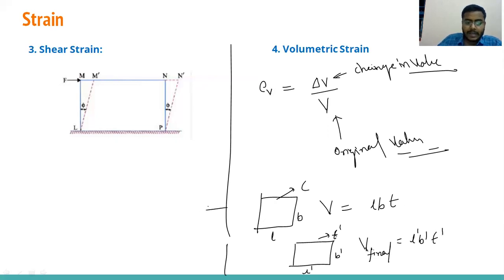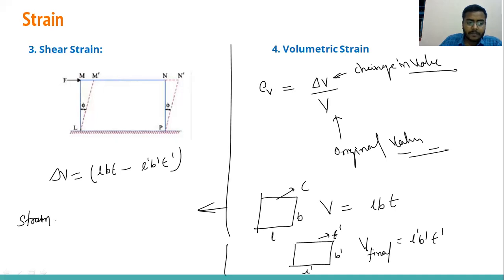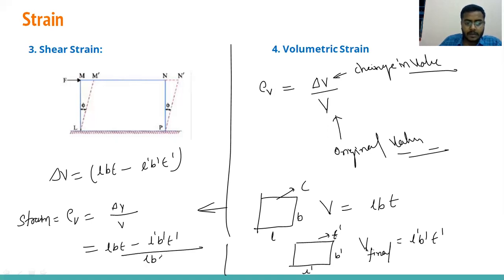We can calculate the change in volume, that is initial minus final: L, B, T minus L dash, B dash, T dash. So the volumetric strain will be delta V divided by V, or L, B, T minus L dash, B dash, T dash, divided by L, B, T. By knowing these dimensions, we can calculate the volumetric strain.